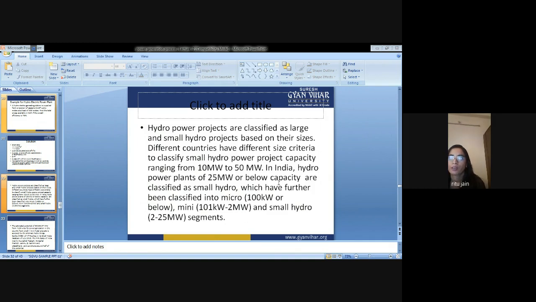Different countries have different size criteria to classify small hydropower projects, with capacity ranging from 10 megawatt to 50 megawatt.